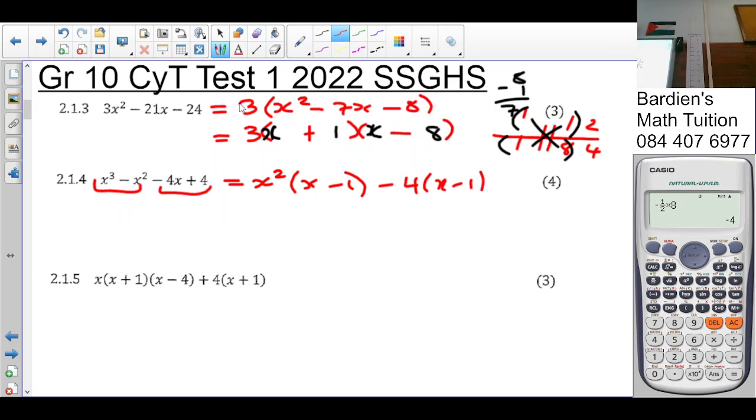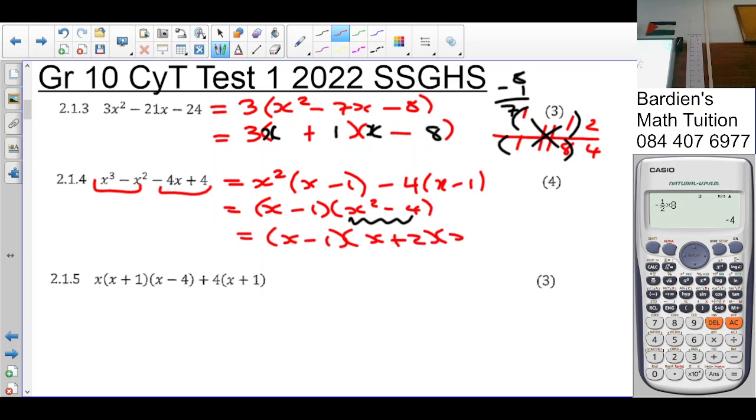What is now common? X minus 1. What are we left with? X squared minus 4. What's happening here? Difference of 2 squares. So it's going to be x minus 1, x plus 2, x minus 2. Did we do this? Yeah. Yes. Just look at the next one.